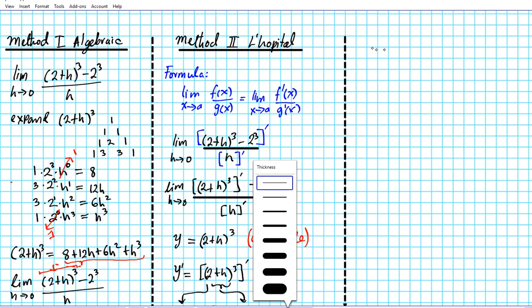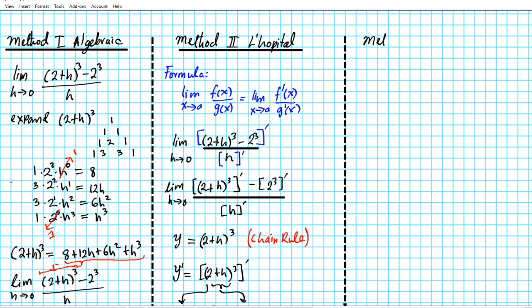So we have method 3, which is the limit definition of a derivative. Now this is a specialized method, okay? You can only use it if the problem presented is in a particular format. What format? It is in the format of the limit definition of a derivative, okay?